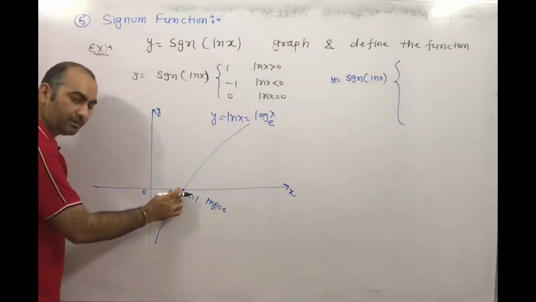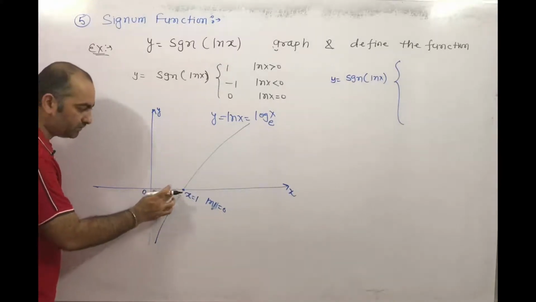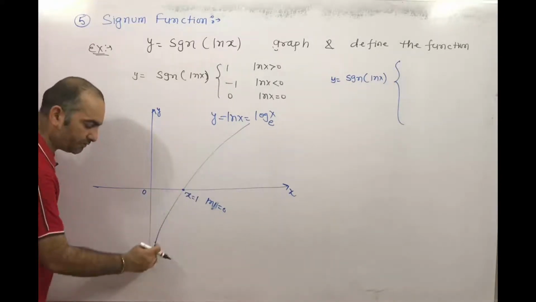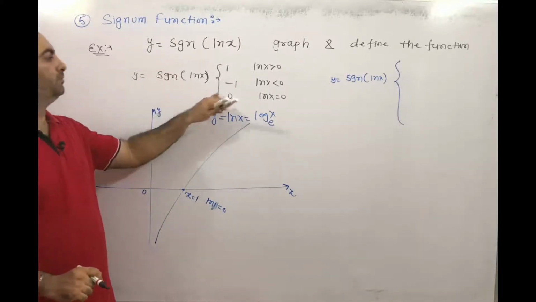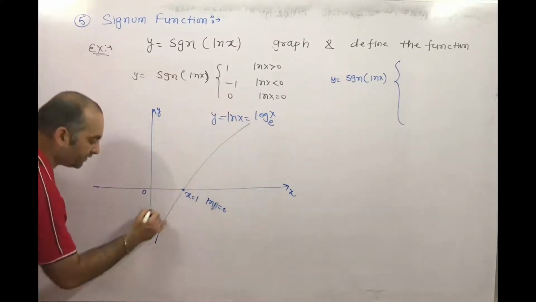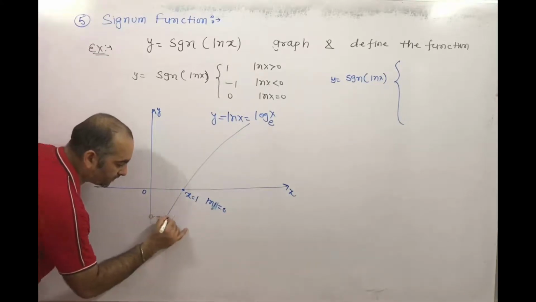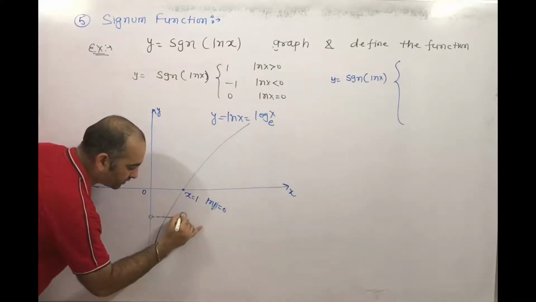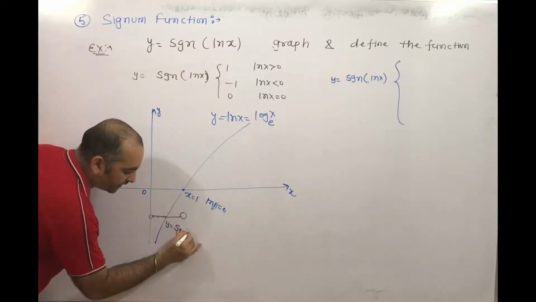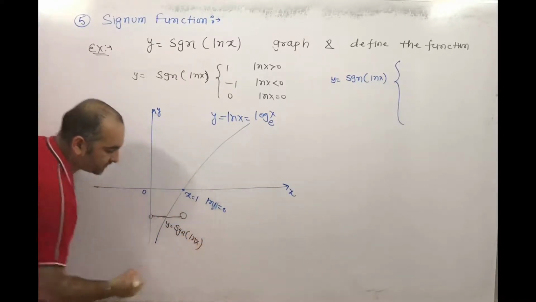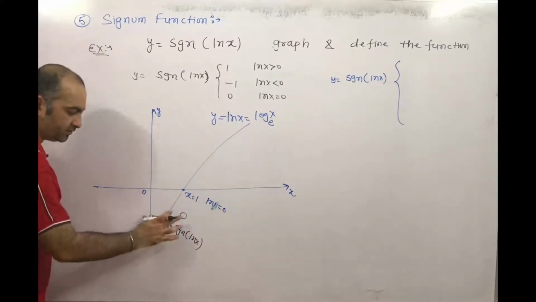So if you leave 1, but before 1 and greater than 0, in this interval ln x is negative. If ln x is negative, then signum of ln x is minus 1. So this is y equal to signum of ln x graph in the interval 0 to 1, and this end is not included.